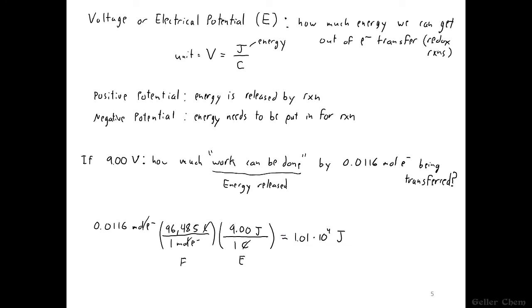The last building block I want to discuss, which is not mentioned in the book, is power. So let me erase all of this. Power, which has a unit of joule per second. That is the unit of power.